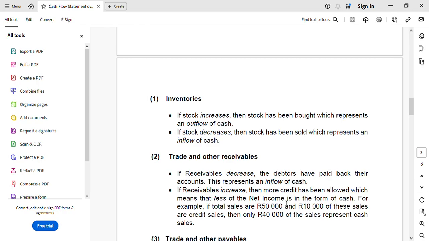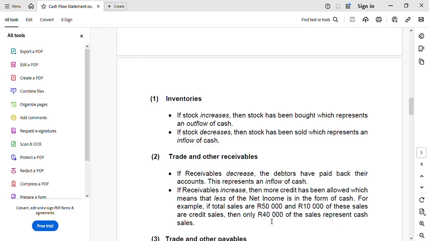If, however, some of that was on credit, in other words, some of the sales were credit sales, then you need to eliminate that effect when calculating your actual profit that is in the form of cash. So if total sales are 50,000, and 10,000 of these sales are credit sales, then only 40,000 should be included when you're calculating the cash portion of your net profit.